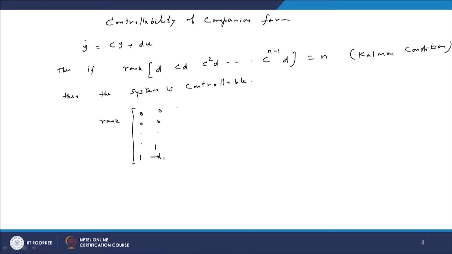Similarly, the third one will be 1 and some 0 or non-zero elements, and finally we will get 1 and various elements. So, it is very clear that the determinant of this matrix is non-zero, that is 1, and therefore the rank equals n. So, any system which is in the companion form is always controllable.